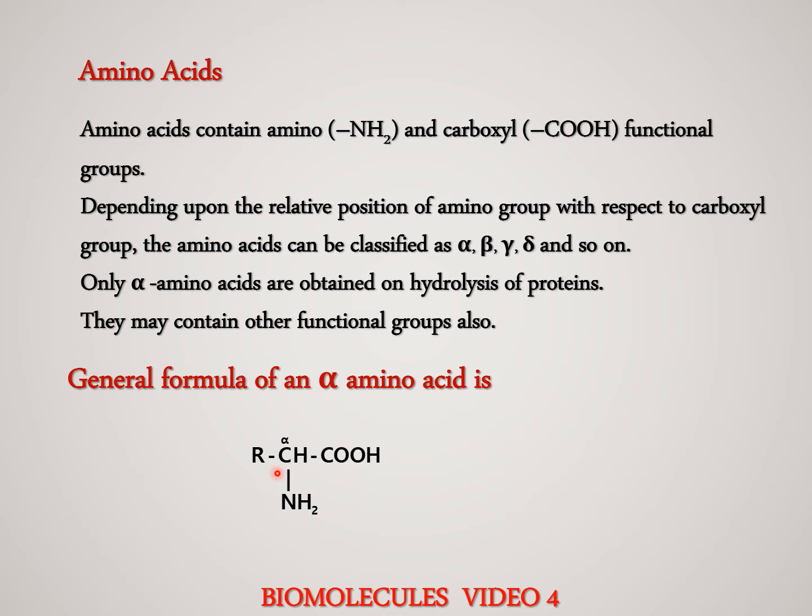Now, the group R, what does it indicate? This R is going to be all other different functional groups that could be present in the formula of the amino acid. The general formula, therefore, is summarized as RCHNH2COOH.